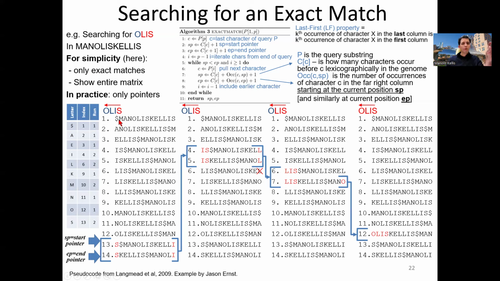So all I need to remember is how many characters do I have of each type? So that's one variable. The count of how many characters occur before C lexicographically in the gene. That basically simply tells me where the string of S's will come. So far, so good? So I have one pointer.